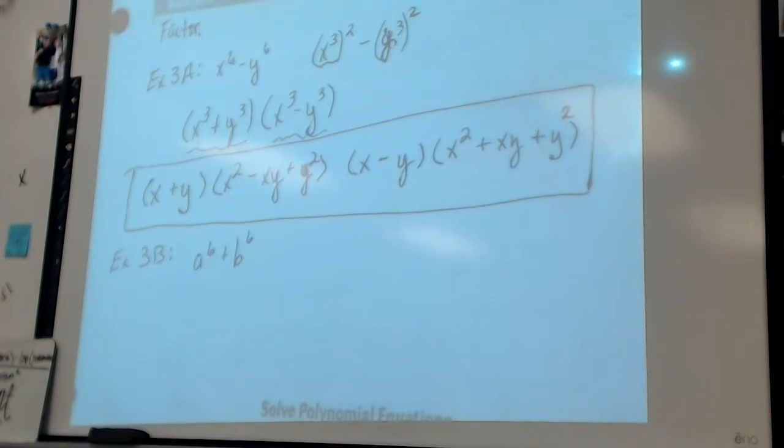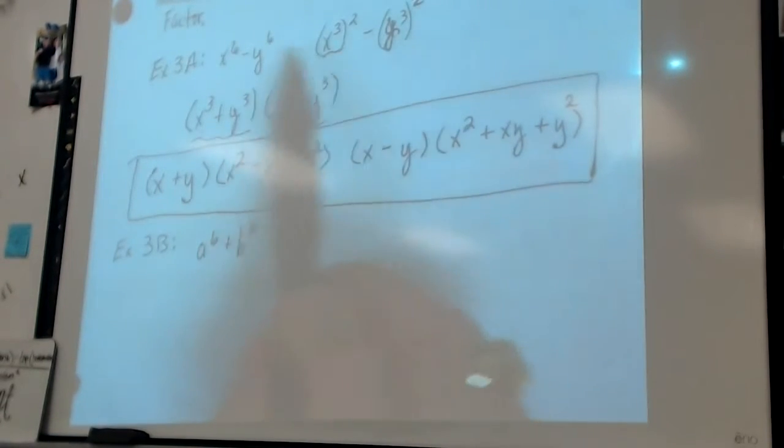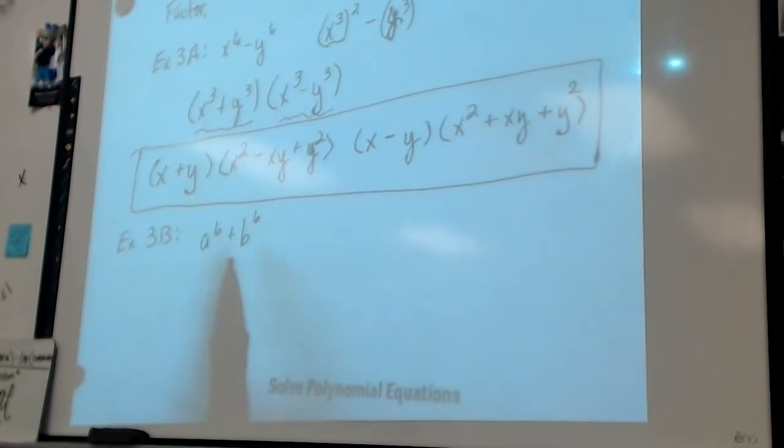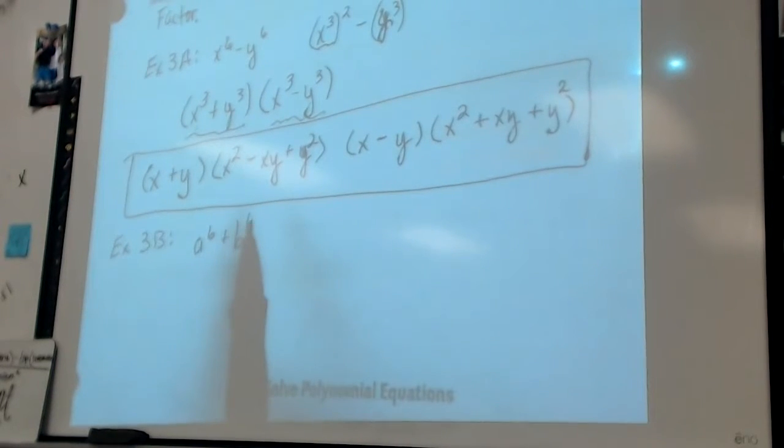Okay, the only difference is it's a sum. Up here, we applied the difference of squares. Do we have a sum of squares? No, there is no sum of squares rule because if you have a sum of squares, more likely it's unfactorable. Okay? So, I don't have a difference of squares, but these are also perfect cubes.